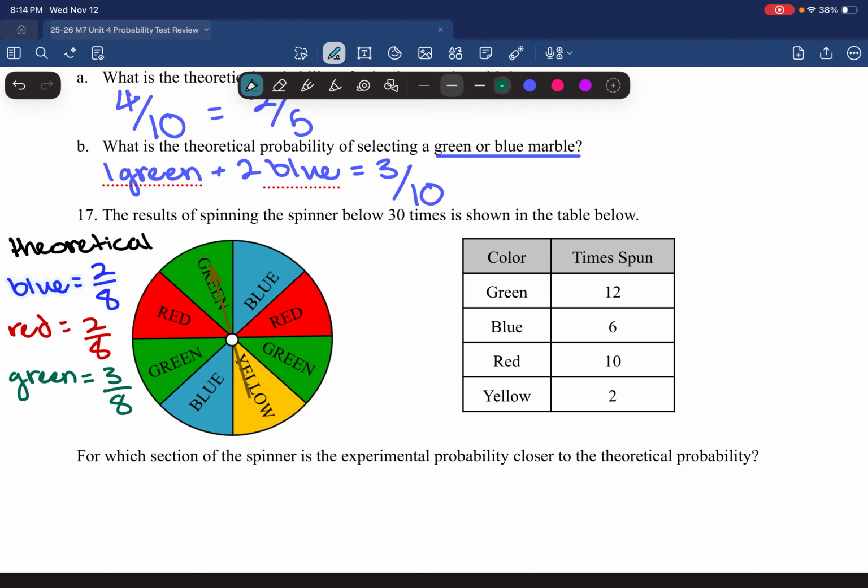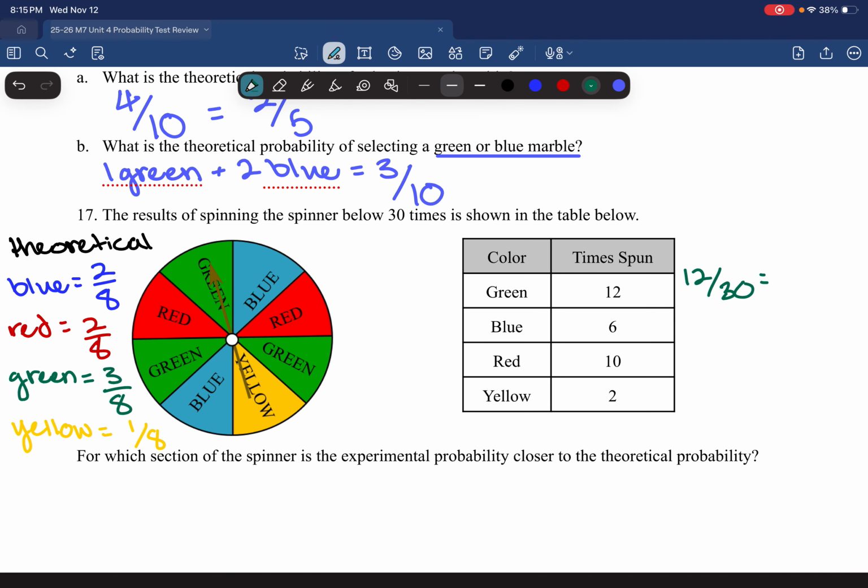And then yellow. Just gonna pick a yellow real quick. Sorry, this is all scrunched up. All right, that's 1/8. All right, and now I am going to calculate the probabilities for our experimental data. So I get 12 over 30. I'm also just going to simplify these super quickly. So 6 goes into both of those.